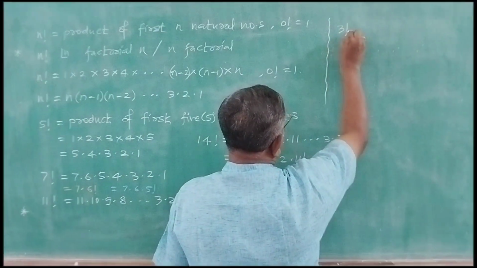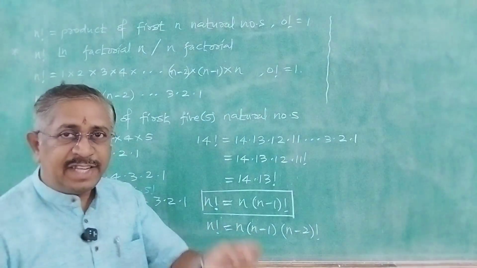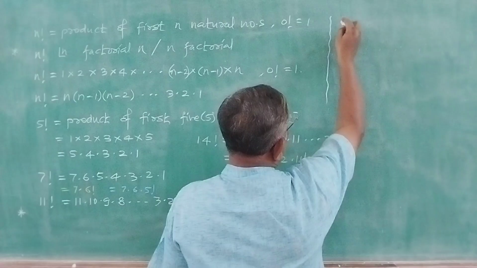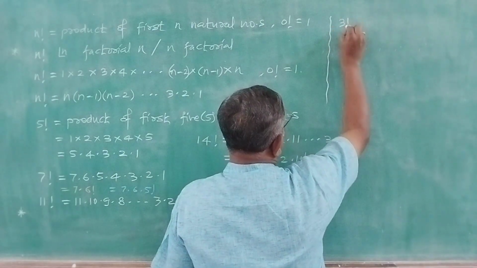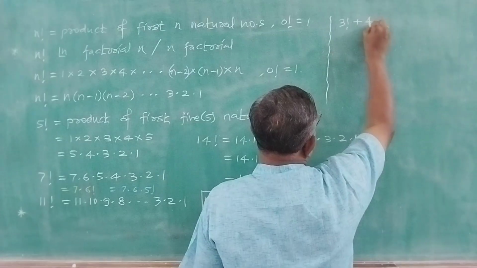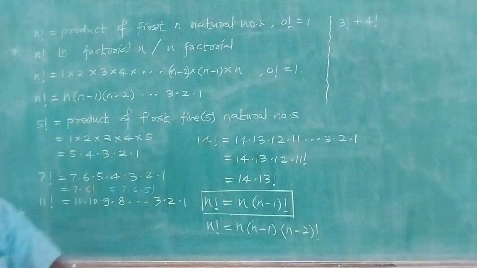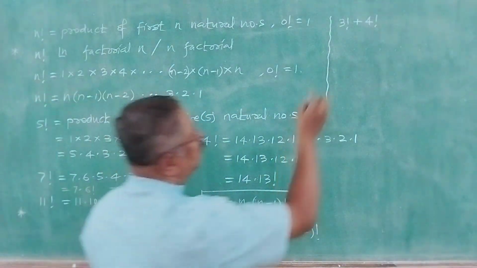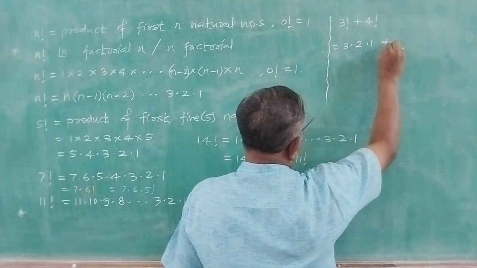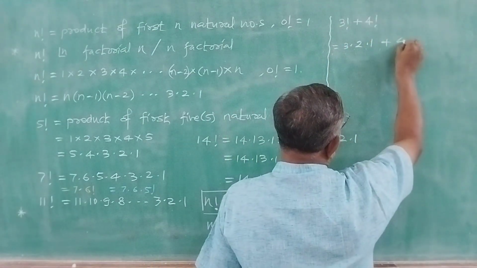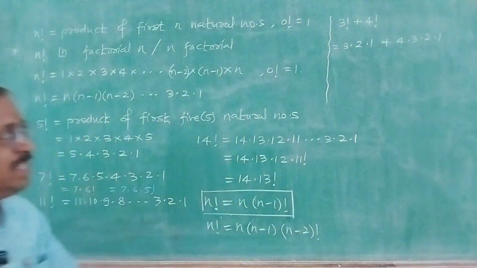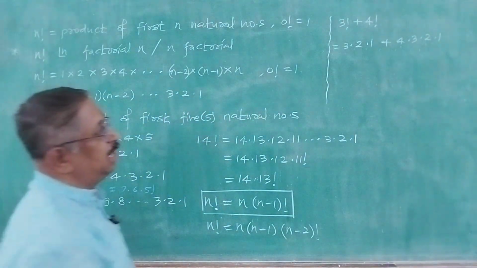Let us take an interesting example related to this factorial notation. If I choose 3 factorial added with 4 factorial, what do we mean by 3 factorial plus 4 factorial? 3 factorial will be equal to 3 multiplied by 2 multiplied by 1, which is 6, added with 4 factorial, which means 4 multiplied by 3 multiplied by 2 multiplied by 1, the product of the first 4 natural numbers.